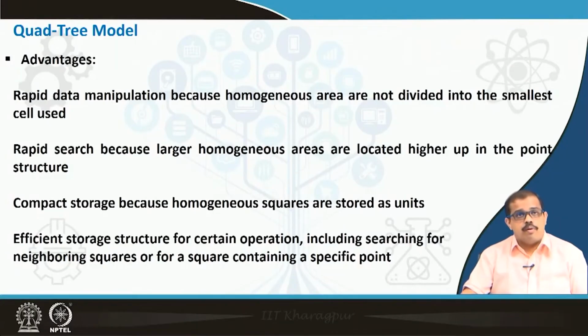What are the advantages of the quad tree model? There are huge advantages. For example, rapid data manipulation, because homogeneous areas are not divided into the smallest cell used. So you can manipulate data in a very fast way. Rapid search, because large homogeneous areas are located higher up at the points.